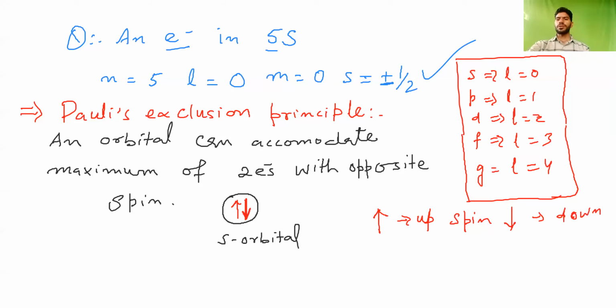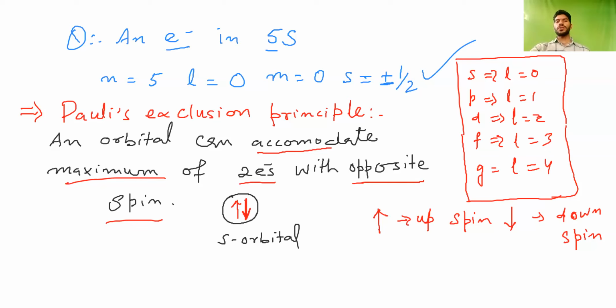So you have to remember that according to Pauli's exclusion principle, it is not only necessary that we have a p orbital or s orbital. It can be a p, d, or f orbital. Any orbital can accommodate only a maximum of 2 electrons, and there should be opposite spin.